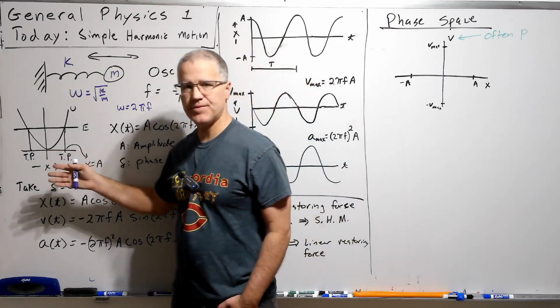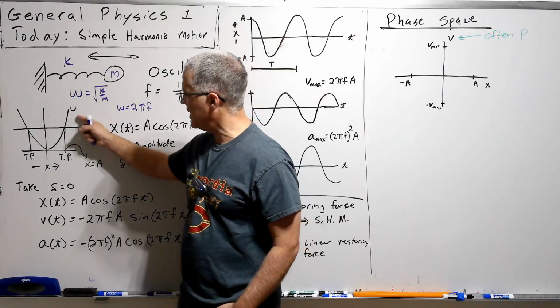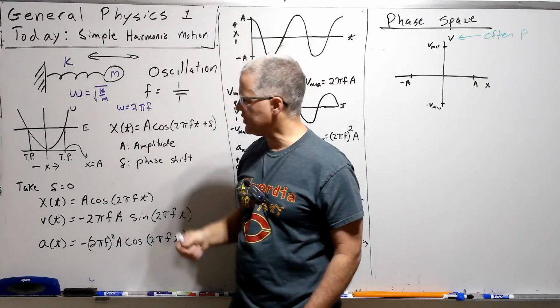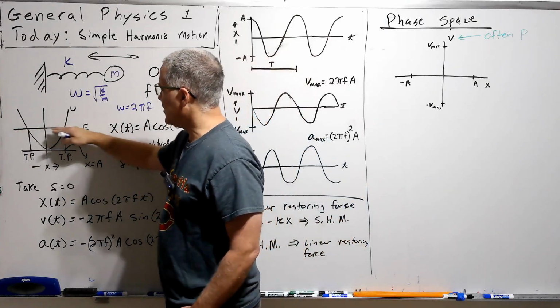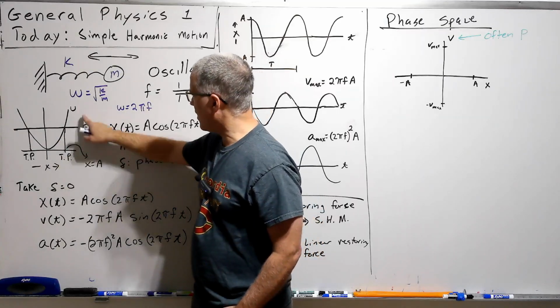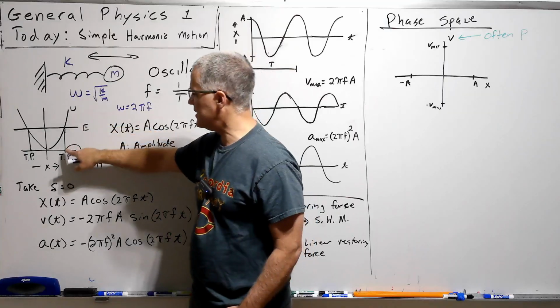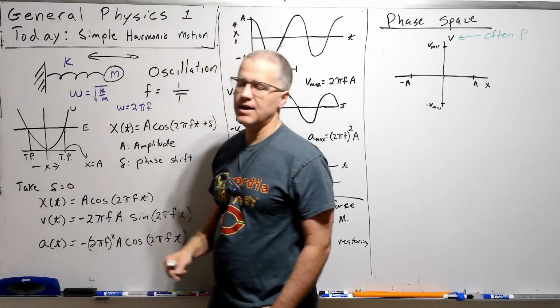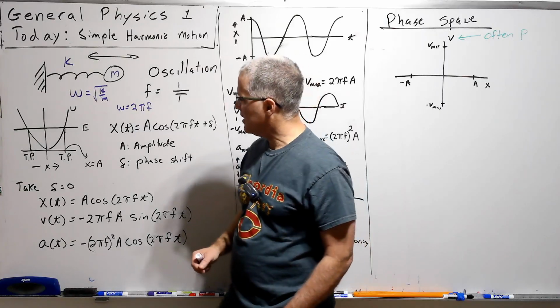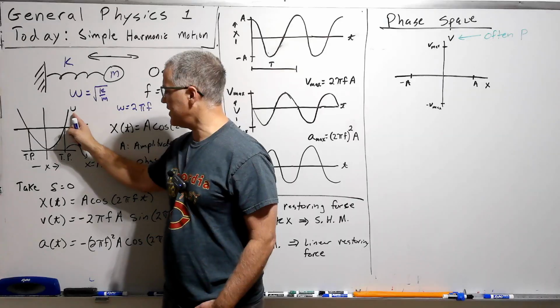Okay, well, let's connect with something we've talked about before, and that's this energy diagram. So you might remember back a couple of lectures ago, we have a total energy in the system because the energy is conserved, and then we have our parabola. We know that the spring mass system is described by a parabola for the potential energy.